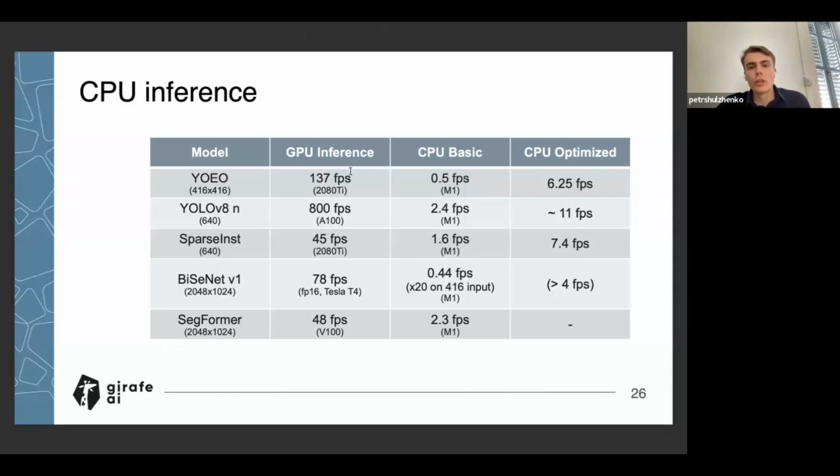And just to give you some scale, some examples. The most performant model on CPU that I've achieved was YOLO V8 Nano.